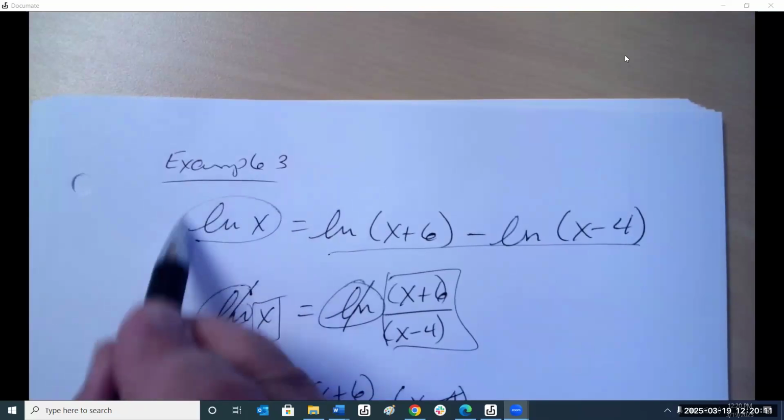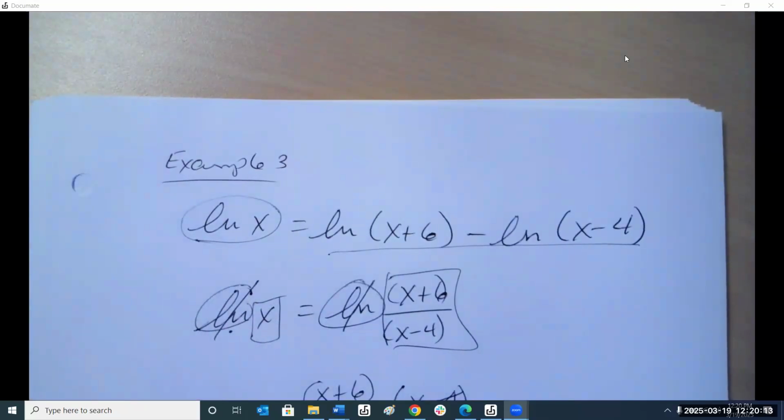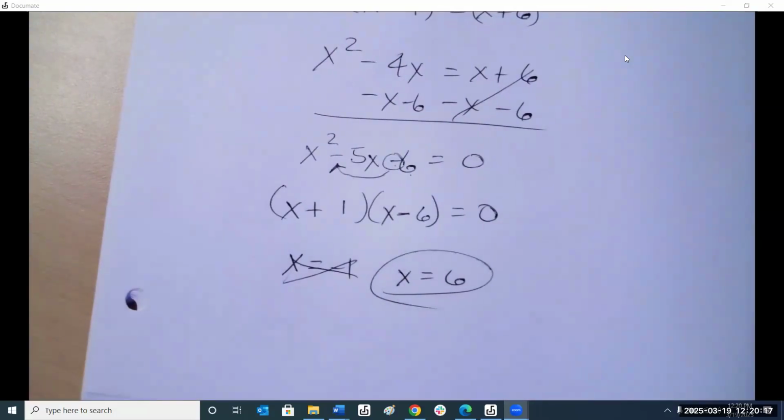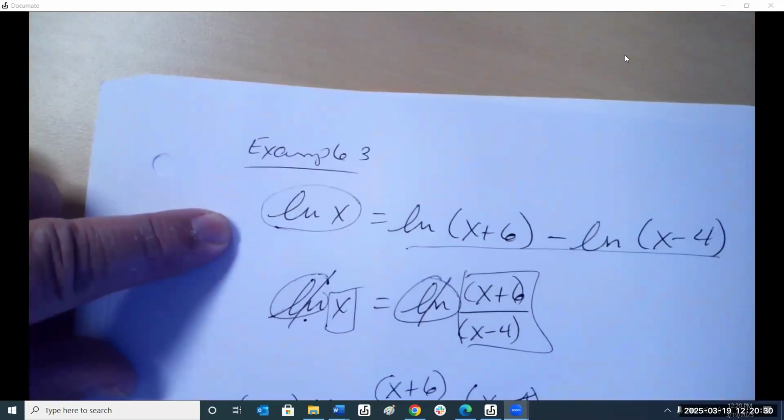Because of the ln x, we cannot have a negative. X cannot be negative. So this is the only answer we have. If you put a -1 in the denominator, you get a negative number, which makes the whole fraction negative. Well, always check it in the original question.